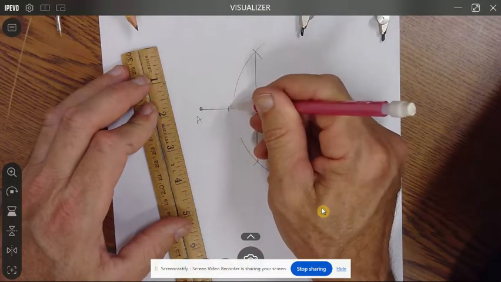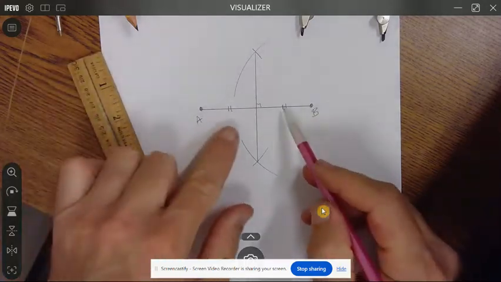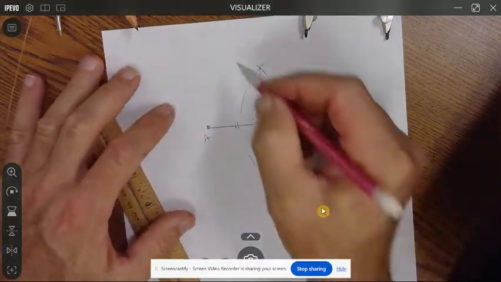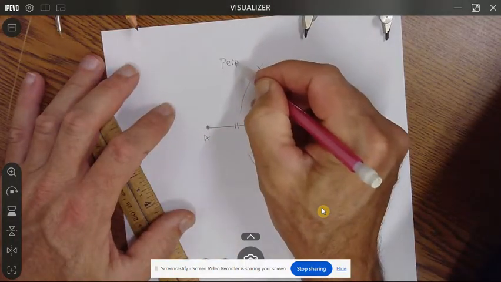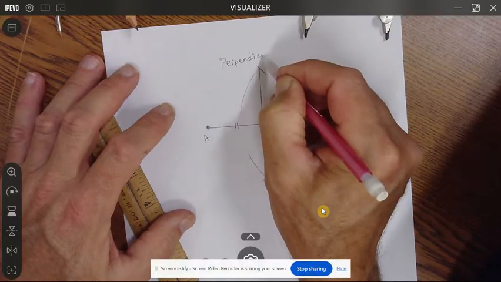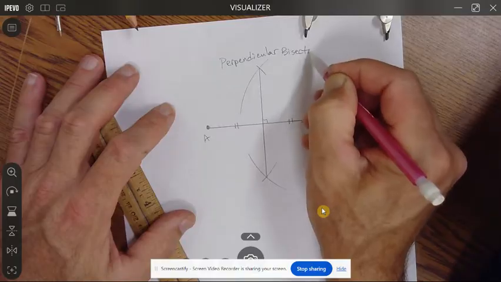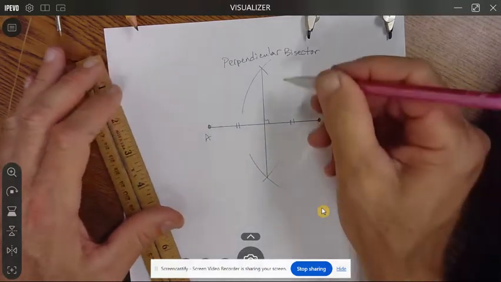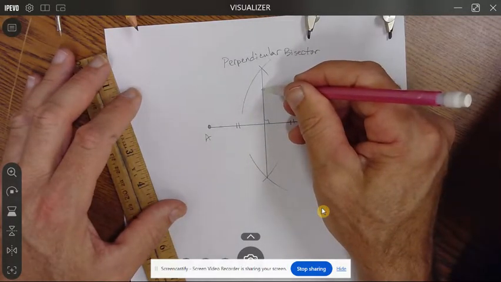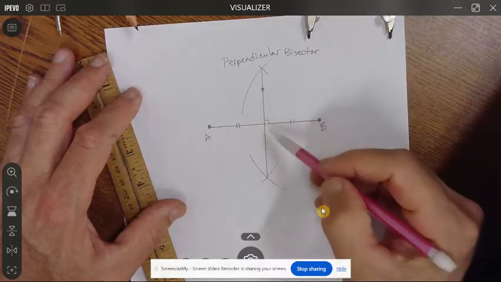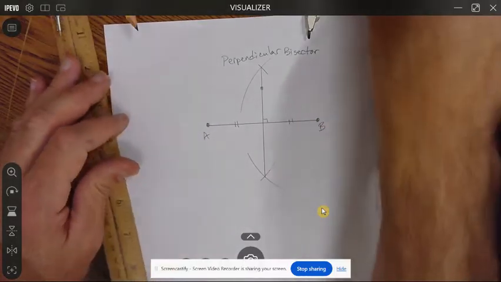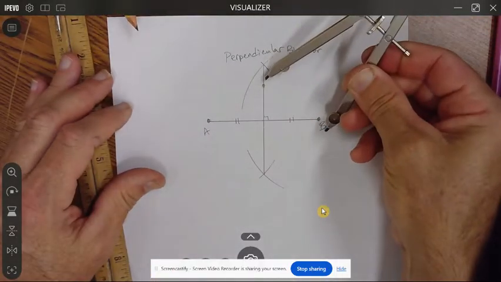So let's mark it up so we can see these two pieces are equal to each other. Let's label it perpendicular bisector. And then let's test out the perpendicular bisector theorem. So what I want you to do is pick a point on the perpendicular bisector. And then let's measure that point to the endpoint.